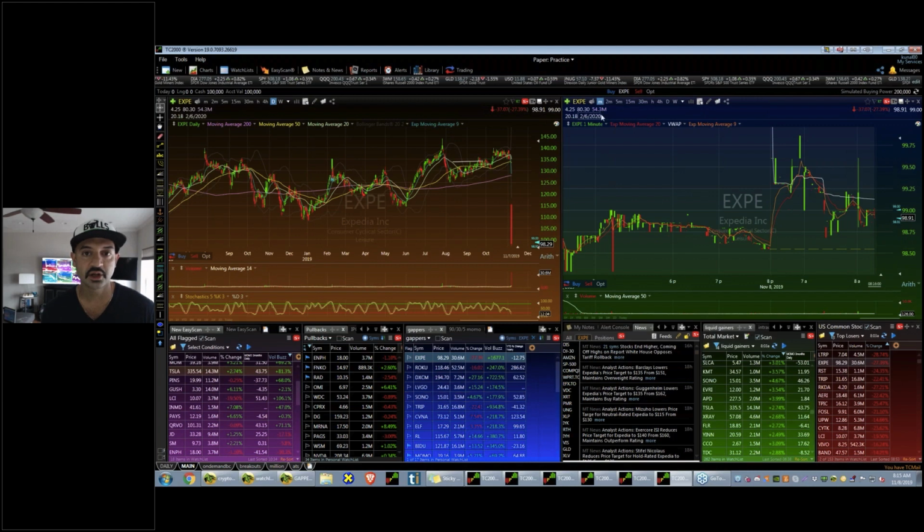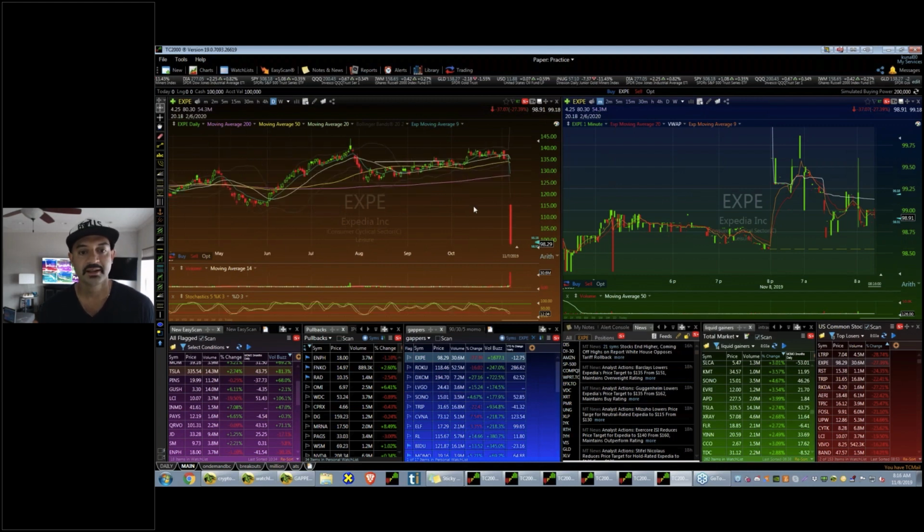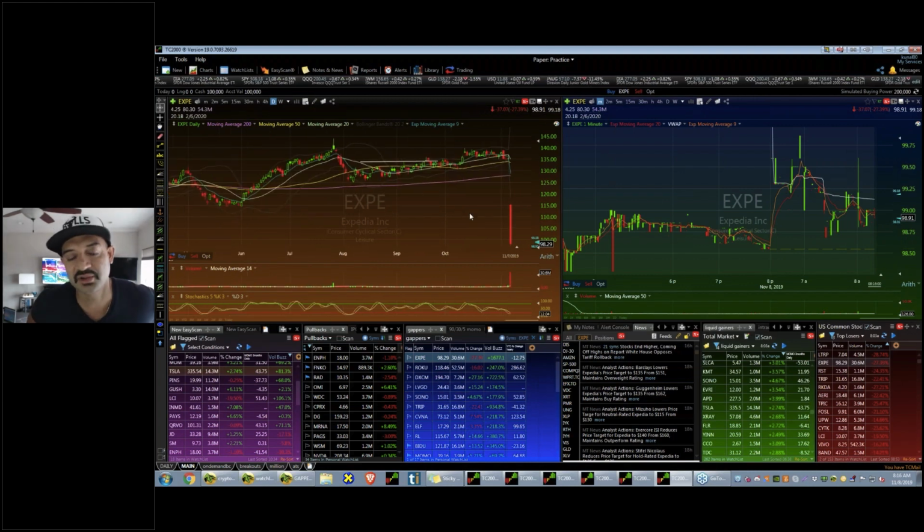Well, it's got a small float, but this one is a lot less algo city than Roku. If you ever trade Roku, it just moves haphazardly. Expedia is a little less well known as a cult stock. Expedia has a higher market cap than Roku, but Roku is a cult stock everybody talks about in trading circles. Expedia is going to move cleaner.